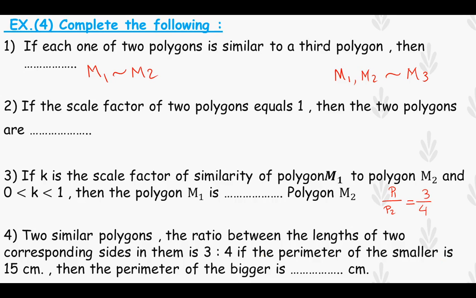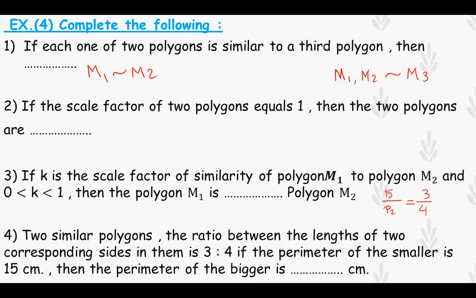Which one is the smaller perimeter? Here the ratio is 3 to 4, so 3 is the smaller side. So the corresponding perimeter P1 is the smaller perimeter, so we will write 15 here.